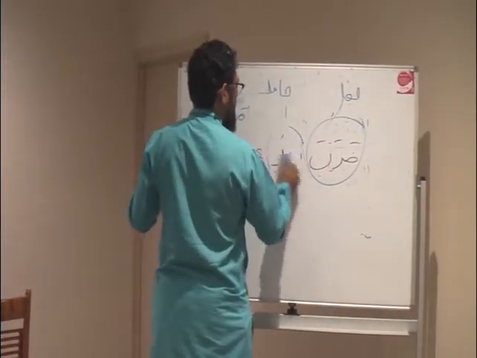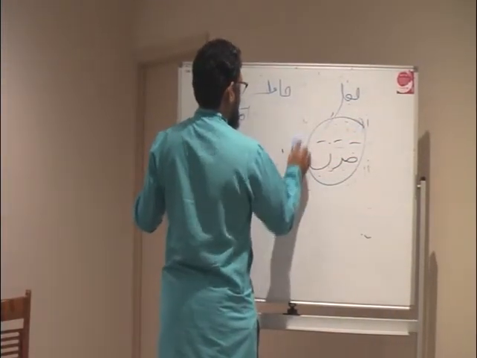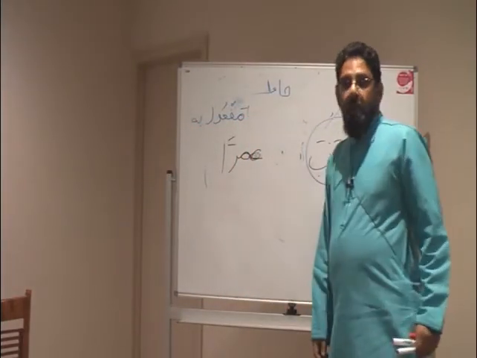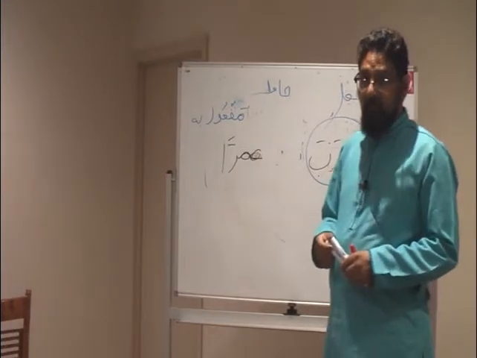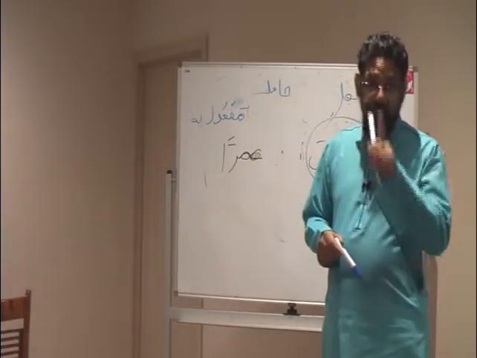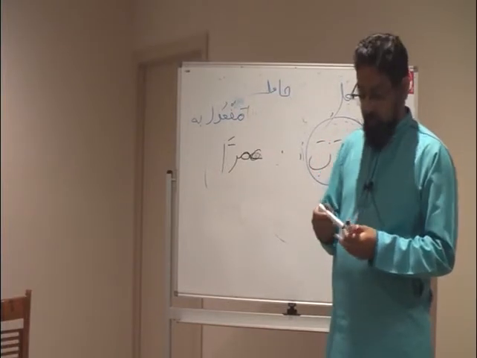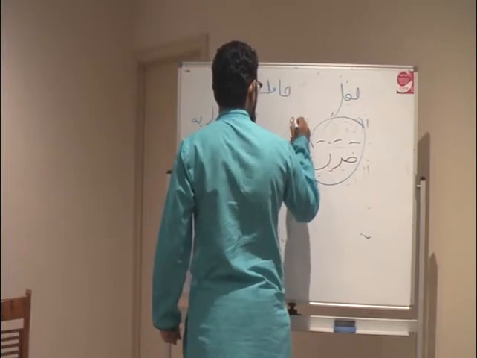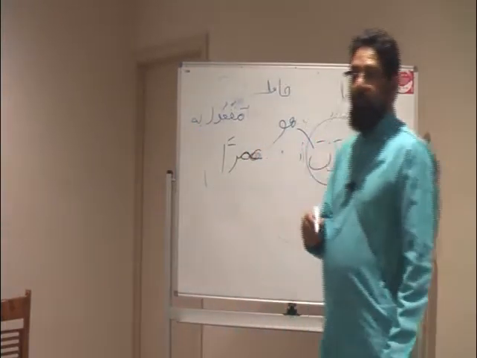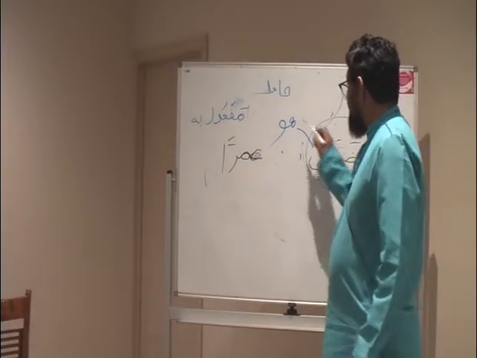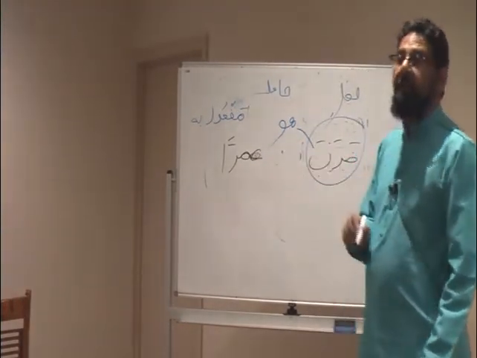If Zayd wasn't there, you can also have daraba amran, which basically means he hit Amr. However, you'll see there are two words. Actually, there are three, because what you'd have to do is extract out a huwa. There has to be a fa'il, so you have to extract out the huwa from daraba.